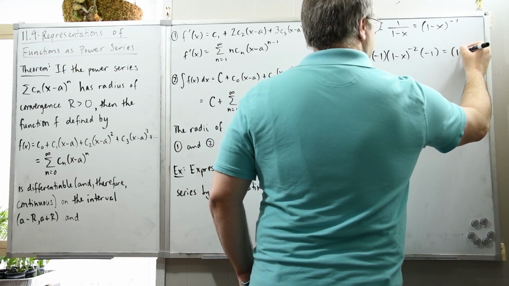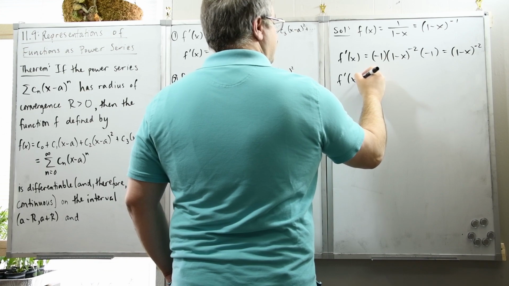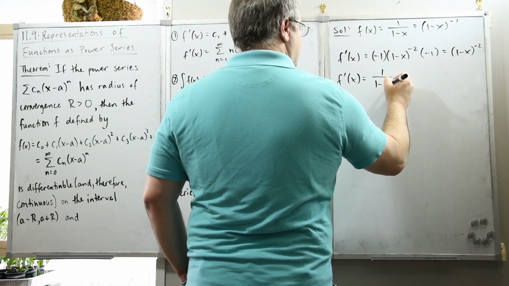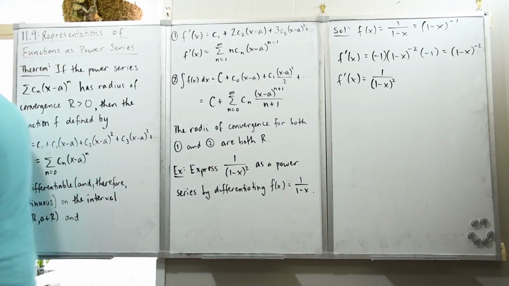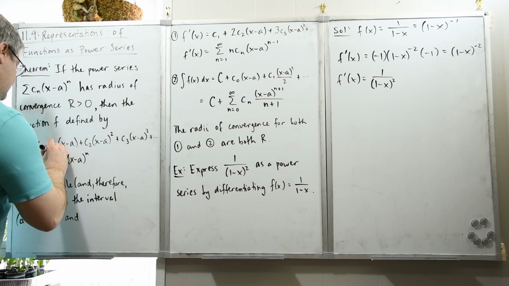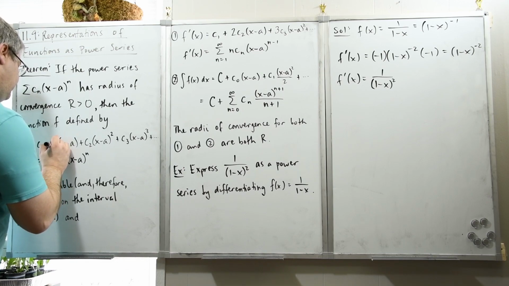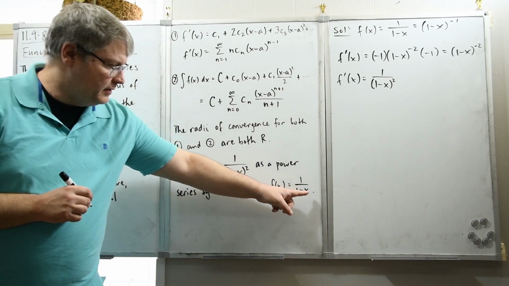So this is the same thing as 1 minus x raised to the negative 2, or we can say that f prime is the same thing as 1 over the square of 1 minus x. So in other words, this is the derivative of f.